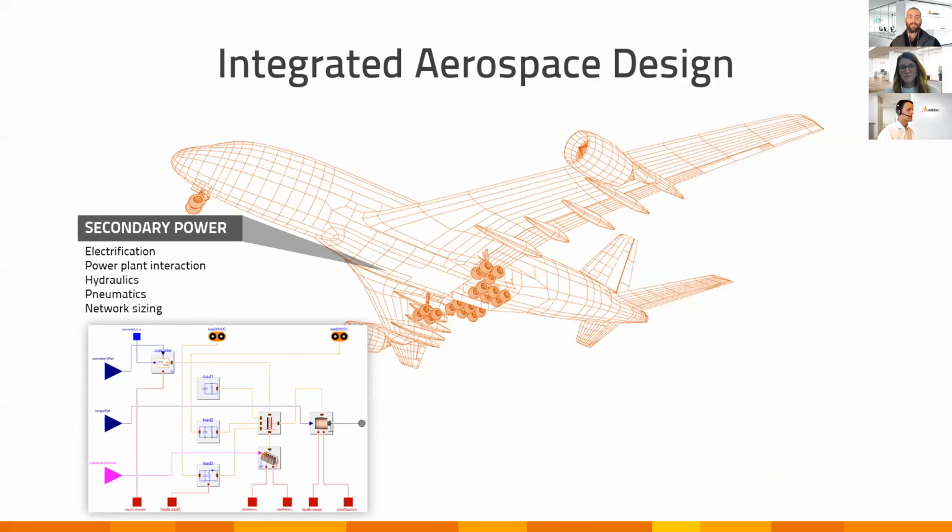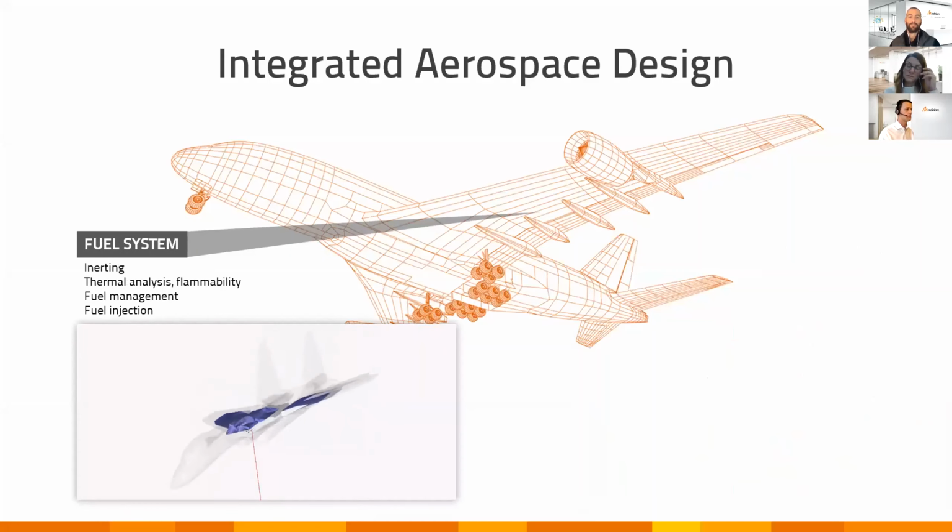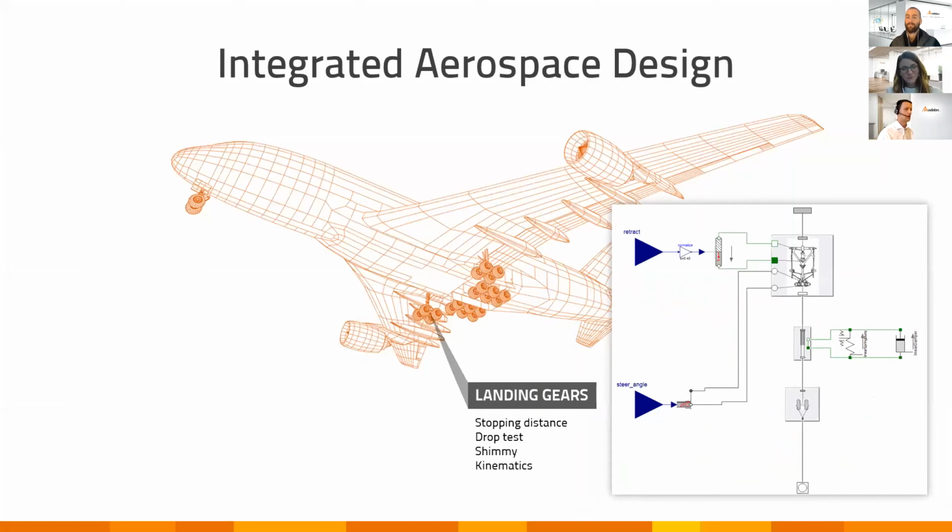It also covers secondary power with a trio of electrical, hydraulic, and pneumatic power. The fuel system, ranging from fuel management to thermal analyses. And the landing gear with its kinematics, the wheels, tires, bogies, dampers, and so on.